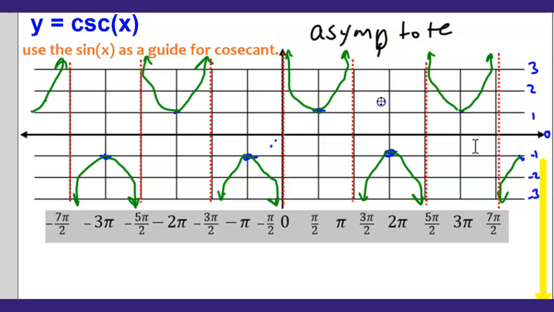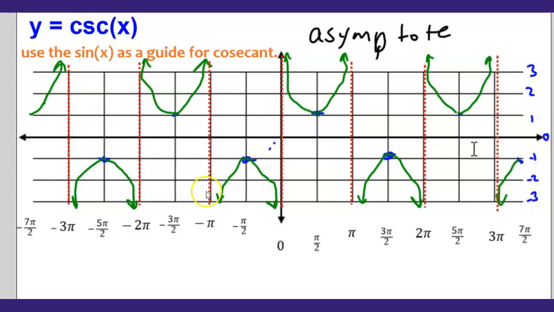So now, looking at this graph, guys, I know my scale is a little off. That's pi half, that's pi, and that's 3 pi over 2. Let me see if I can fix my scale real quick. Here we go, I fixed my scale.